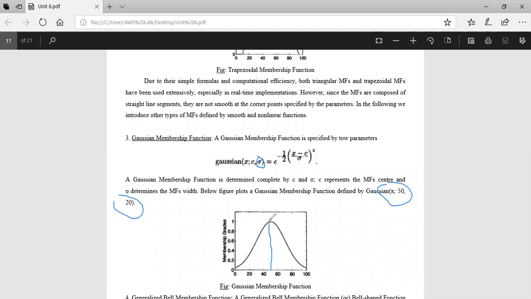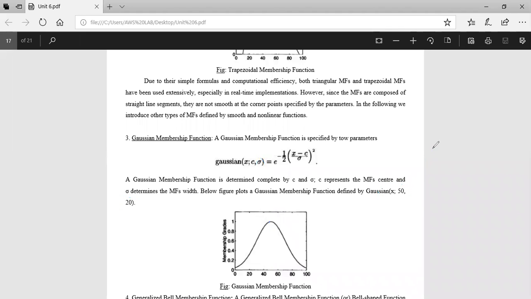So that will be the 50 value. This will be the 50 value, the 50 value we have taken here, right? And the next one is 20 value. So what is 20? It determines the width. So the width determination is given by 20. So that is the Gaussian membership function, right?